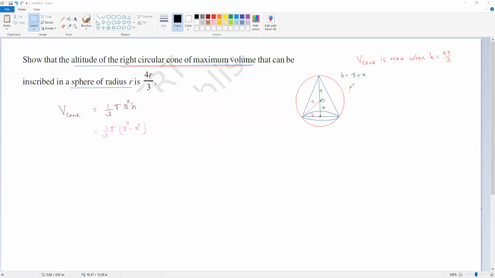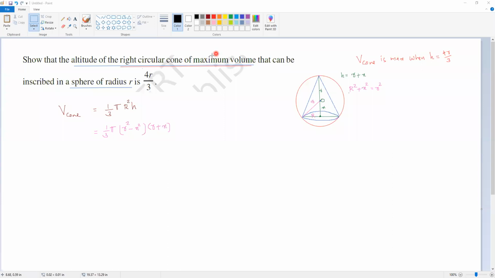From there you will get capital R square plus x square is equal to small r square, which means capital R square is equal to small r square minus x square. Correct? Then h is equal to, as I already told you, r plus x. Now we can see that it is in one variable, because small letter r is constant, it is the radius of the sphere, it is fixed.